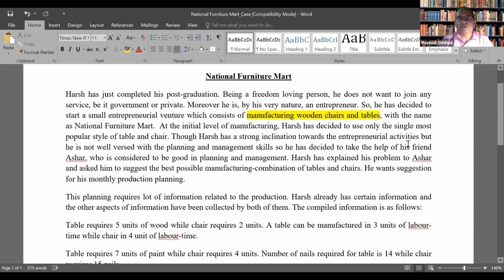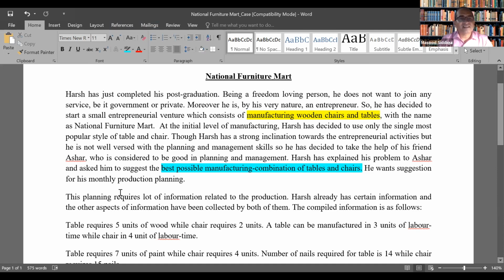So he has decided to take the help of his friend Ashar, who is considered to be good in planning and management. Harsh has explained his problem to Ashar and asked him to suggest the best possible manufacturing combination of tables and chairs. So the second thing that is important is the best possible manufacturing combination of tables and chairs.